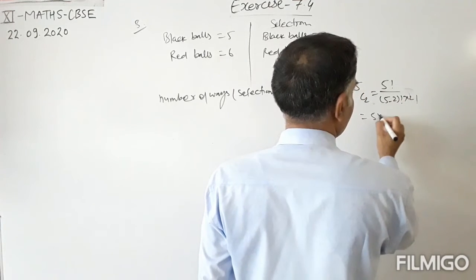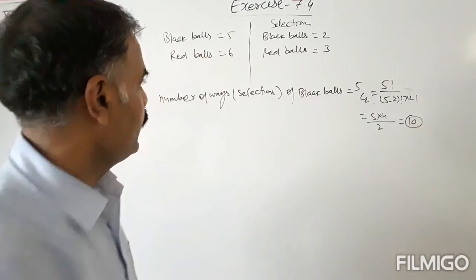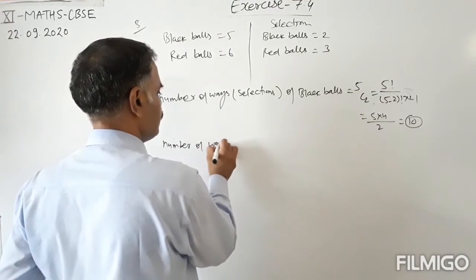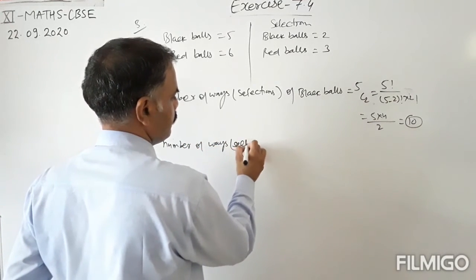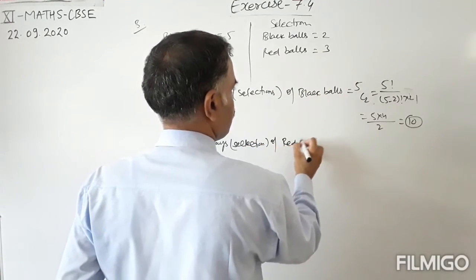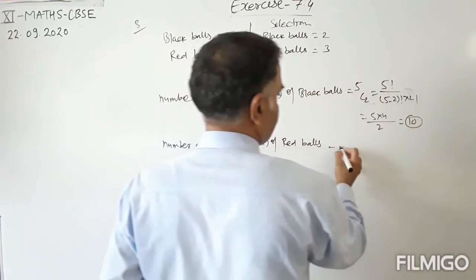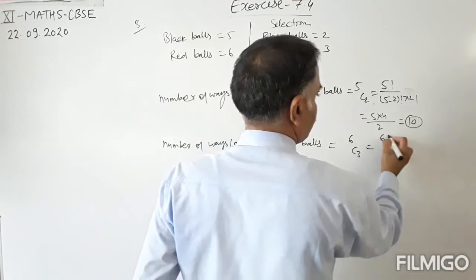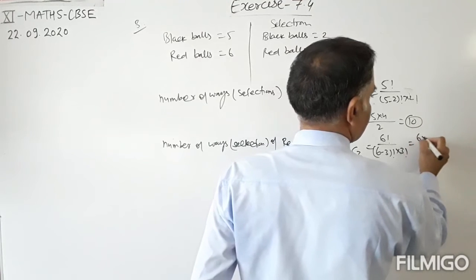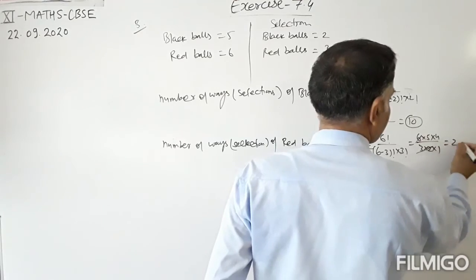This is equals to 5 into 4 upon 2, that is 10. Okay. Next is number of ways, means selection of red balls. We have to select 3 red balls out of 6 given red balls. So 6C3, factorial 6 upon (6 minus 3) factorial into 3 factorial, 6 into 5 into 4 upon 3 into 2 into 1. 3 twos are 6, 5 fours are 20.